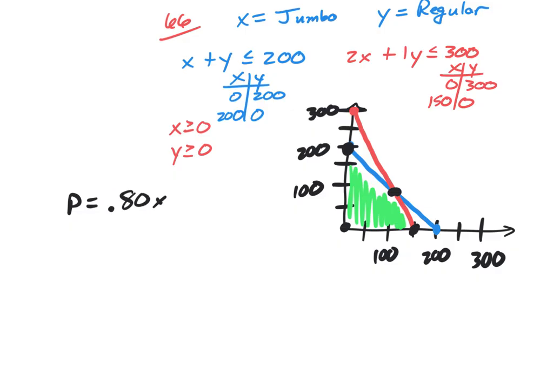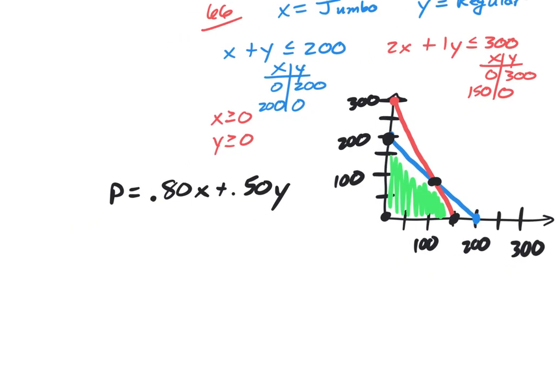So 80 cents times X. And we're going to make 50 cents on each regular biscuit. Okay, so that's my profit function or my max-min function. Here, very seldom in business would you minimize your profit, right? So here, the only thing we're looking for is our maximum profit. What's going to give us the most money made? What combination of biscuits?